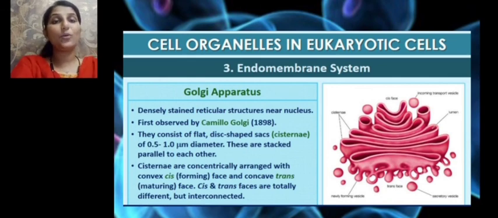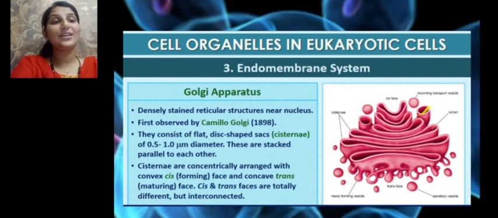These cisternae are 0.5 to 1 μm in diameter. They are stacked one above the other and arranged concentrically, and this arrangement has a peculiarity. It has two phases, a cis phase and a trans phase. The cis phase is called the forming phase, whereas the trans phase is called the maturing phase.